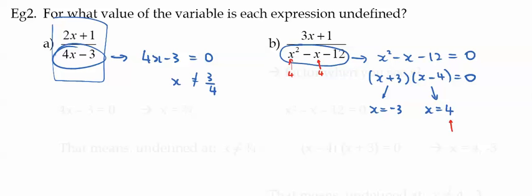And therefore, we don't want to use -3 for your x. We don't want to use 4 for your x. These are the non-permissible values for your x.